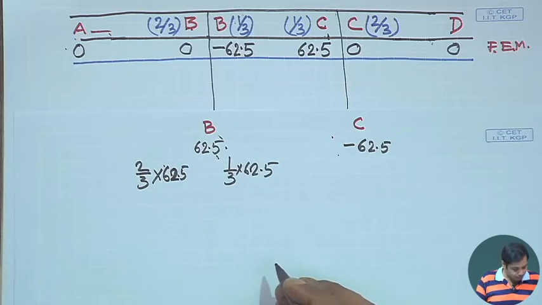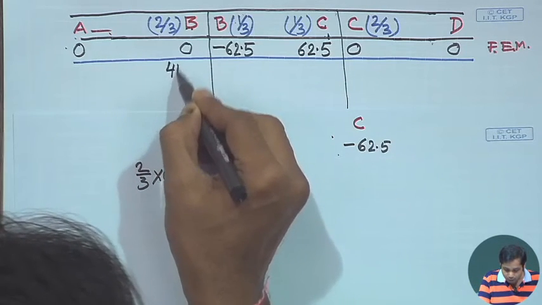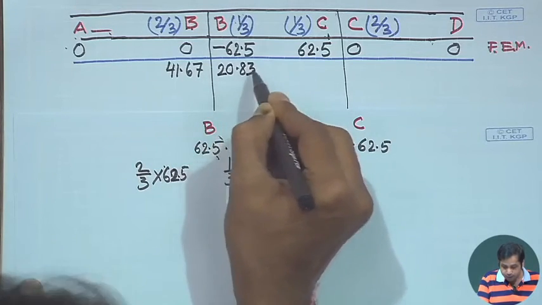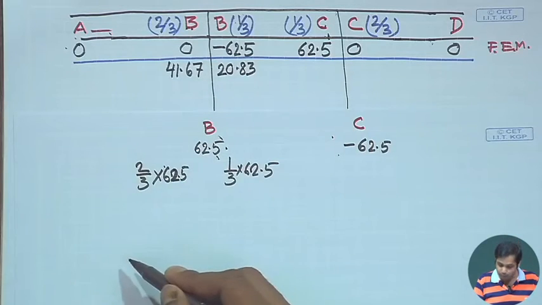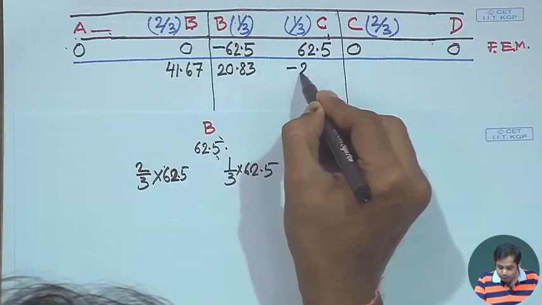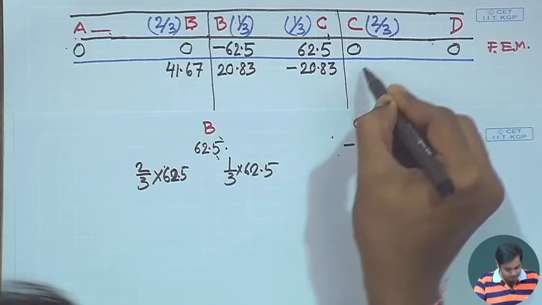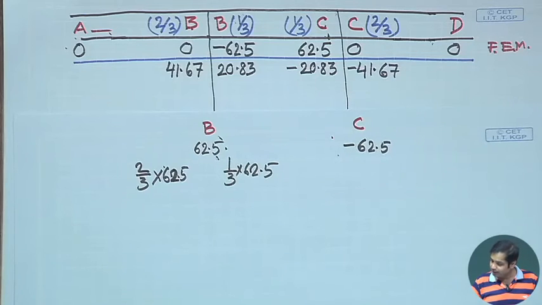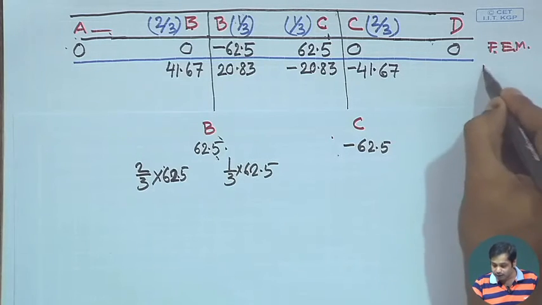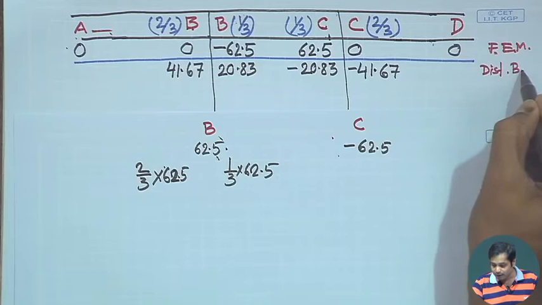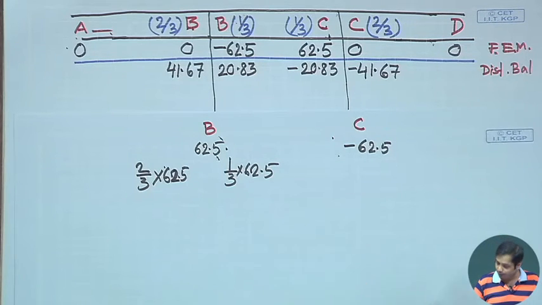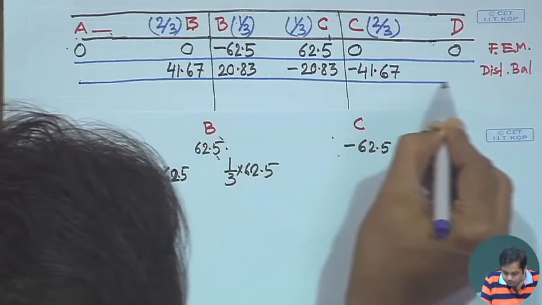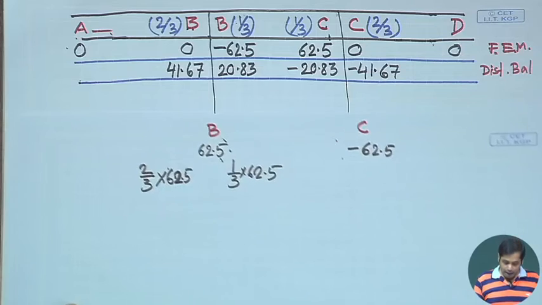That value will be 41.67, and this is 20.83. Both are positive because your balancing moment is positive, and then it is minus 20.83, and this value will be minus 41.67. So this is the distributed balancing moment. This was our second line.